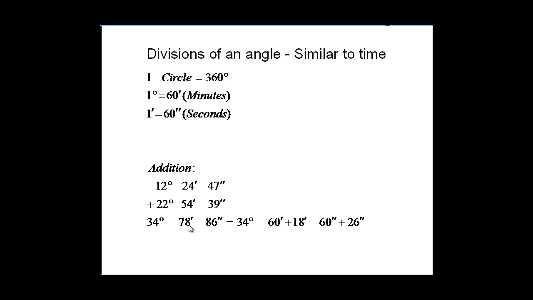And then take your 78, add 1 is 79, and then I believe 19. So your 86, if you take away 60, you'll have 26 left. 78 added 1 is 79. Take away 60 is 19. You have to carry your 1 and add it to 34. Makes 35. So we have 35 degrees, 19 minutes, and 26 seconds.